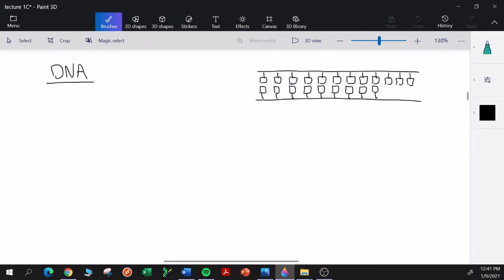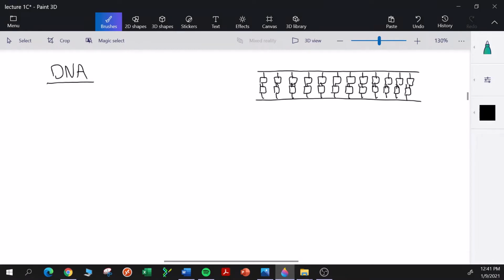And here we have our 2 strands, and the 2 strands are held together by hydrogen bonding between the bases of these nucleotides. So I will often diagram DNA something like that.